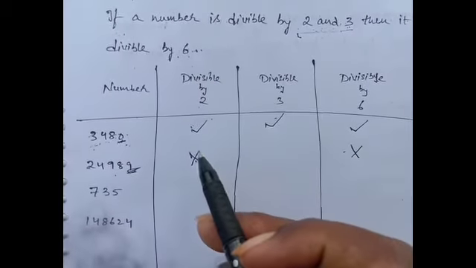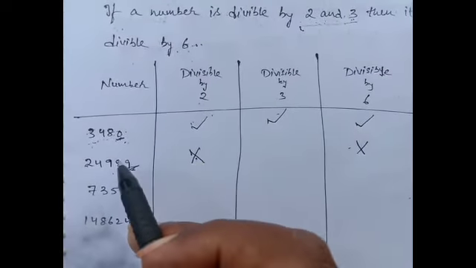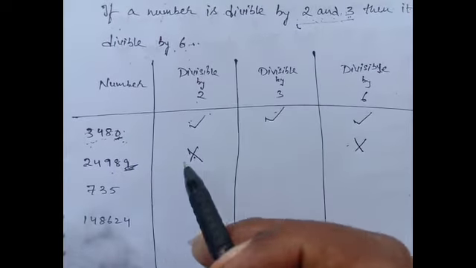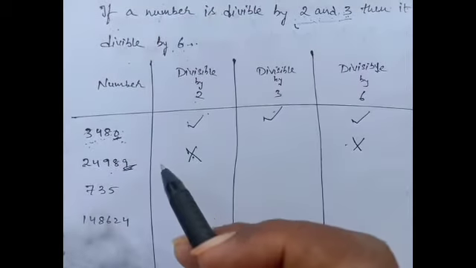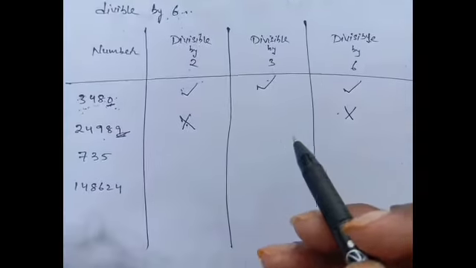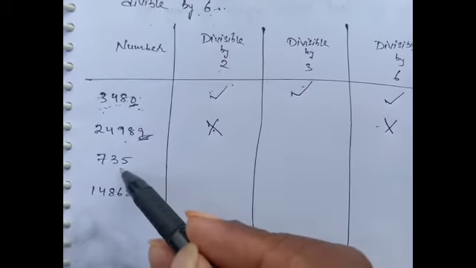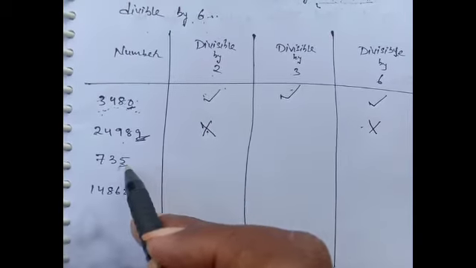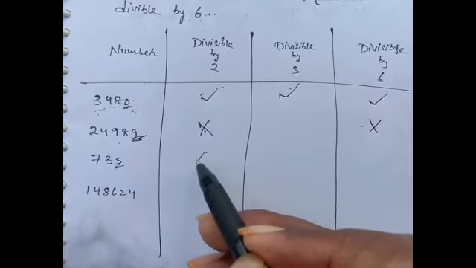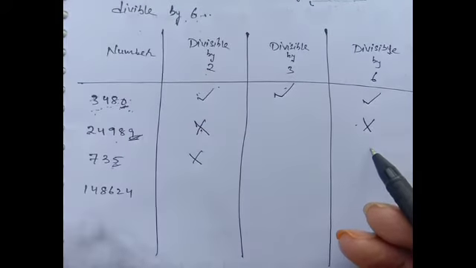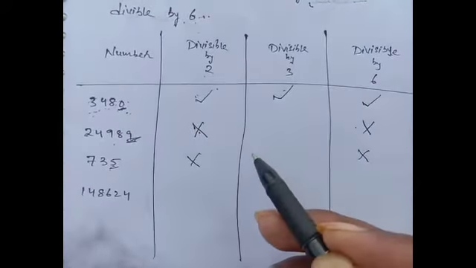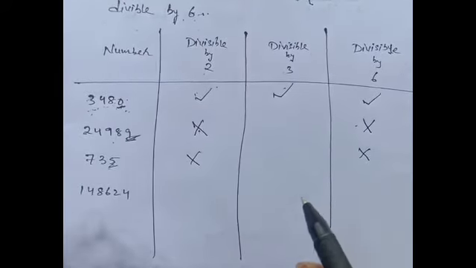Let's take another number, 735. The units place is an odd number. We can directly say that this is not divisible by 2. Hence the number is not divisible by 6. No need of checking for the divisibility of 3.